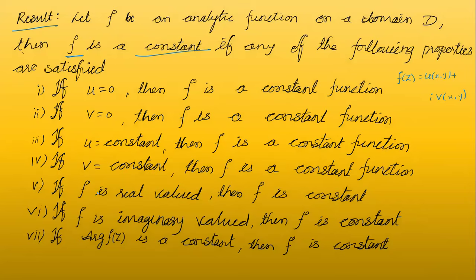Fifth one, if f is real valued, then f is constant. If f is imaginary valued, then f is constant. Seventh one, if argument of f of z is constant, in this case also f is constant.